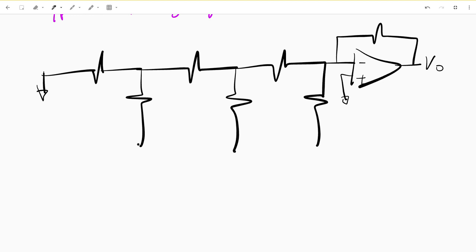Where this DAC has certain inputs, and the inputs are the bits, where B0 is the least significant bit. B1 doesn't have a name, it's just B1, and B2 is the most significant bit.